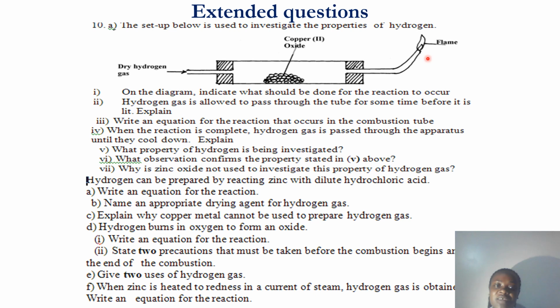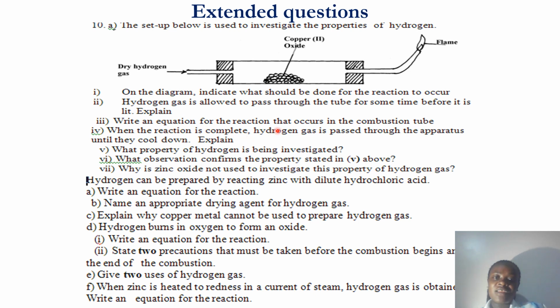So that is why we first pass hydrogen gas through the combustion tube to ensure that the hydrogen that we are going to ignite at the end there will be pure hydrogen to avoid explosion.